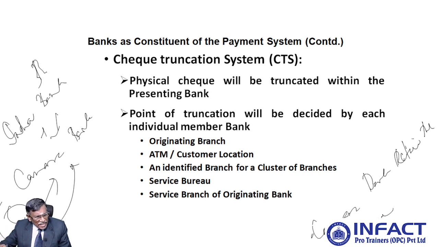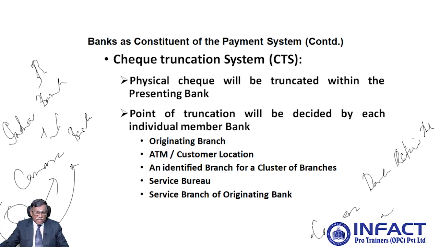So each branch of every bank has this particular system installed in their offices. Once you get a clearing check from your customers, it is input in the CTS system, and then the image of the check moves on to a common place, which is NPCI now, the payment settlement gateway.